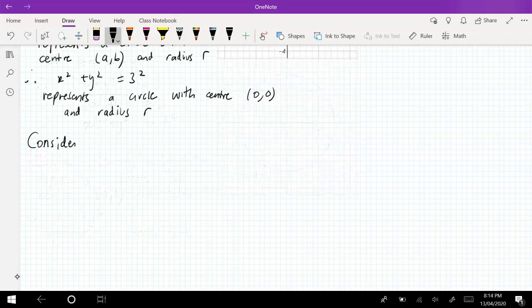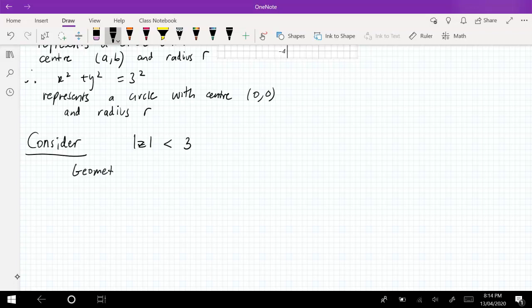Having found the locus of the equation modulus of z equals 3, we'll now turn our attention to an inequality. In this case we're going to look at the modulus of z is less than 3. Geometrically, we'd expect this to correspond to all complex numbers z which are within 3 units of the origin.